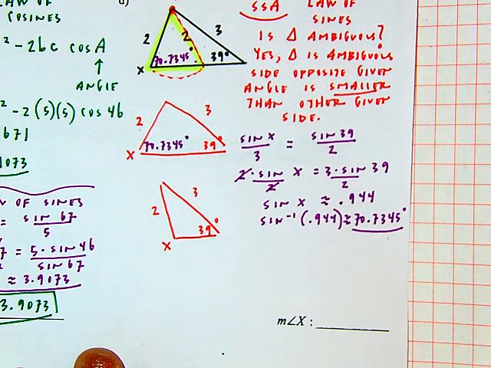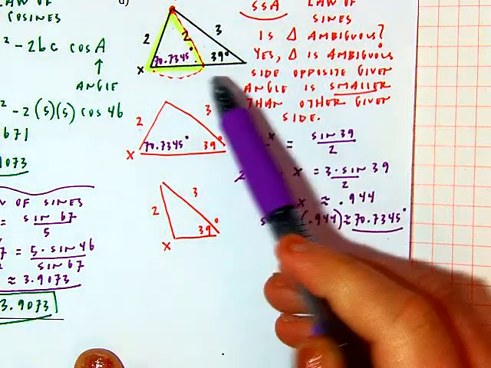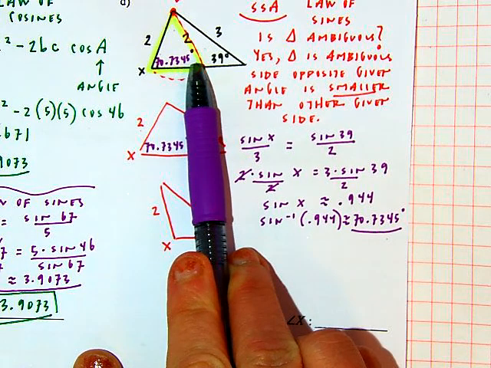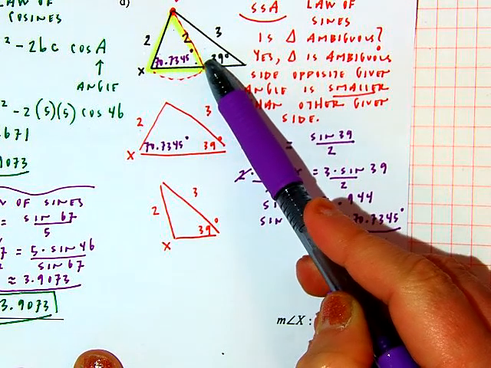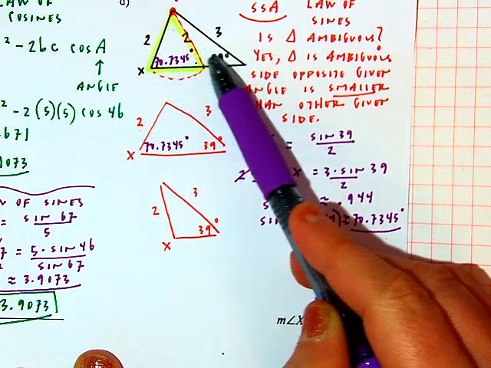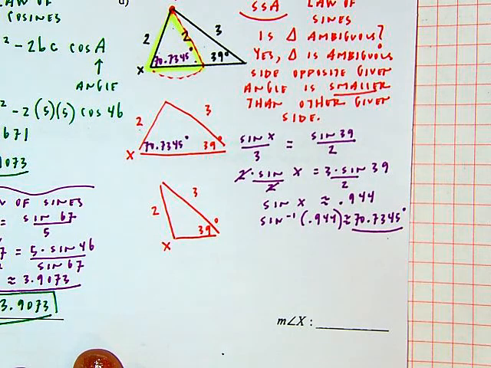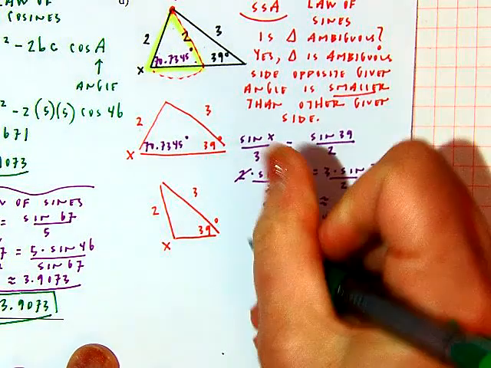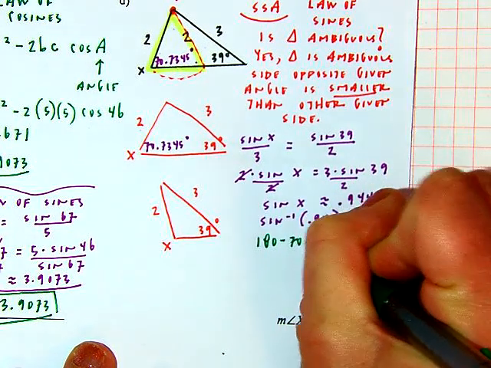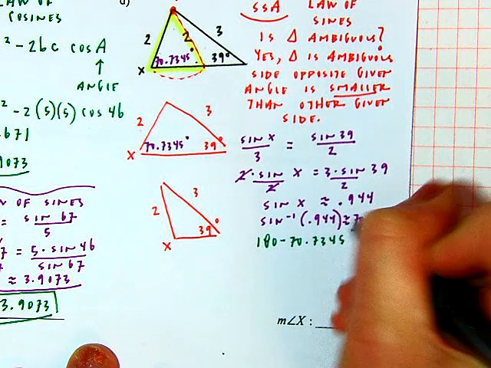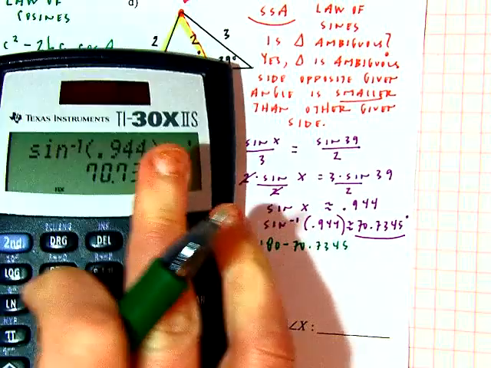So those base angles have to be the same. So if this angle right here is 70.7345, then I need this angle right here, its supplement, because together they form a linear pair. So I need to do 180 take away 70.7345 for my second option.